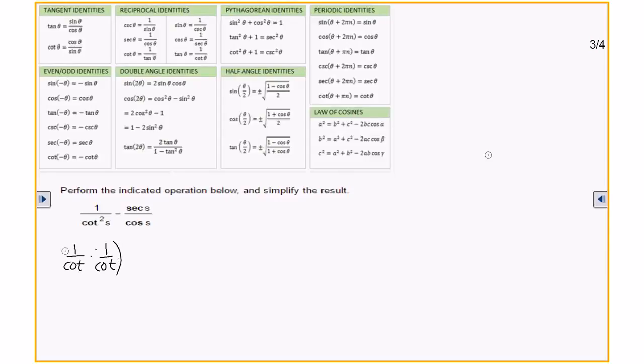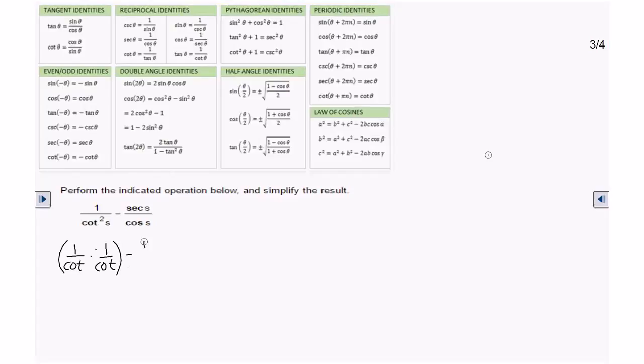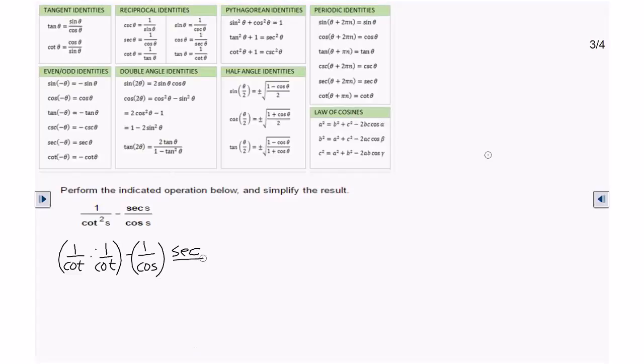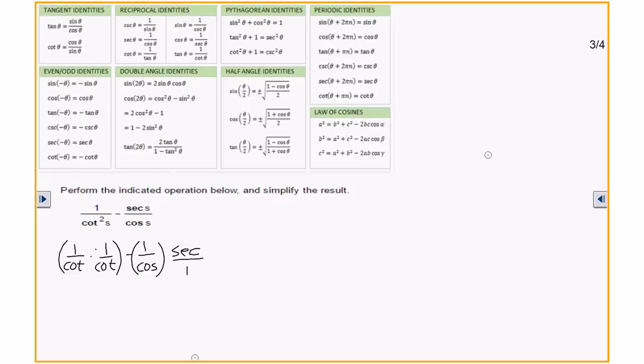Put that in parentheses, minus 1 over cosine times secant, over 1. I don't know, it might help. What's 1 over the cotangent?